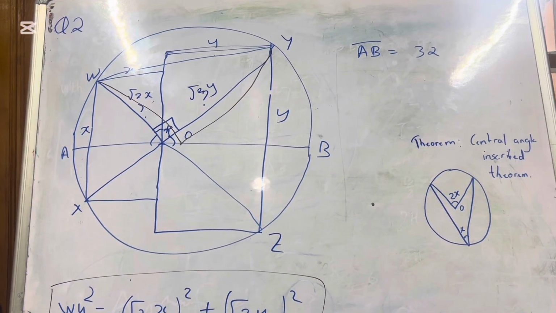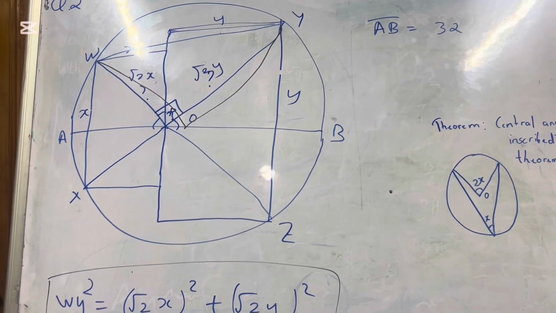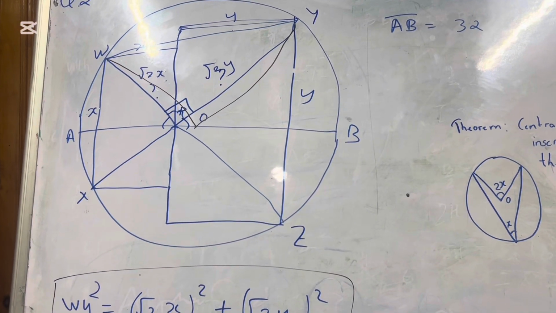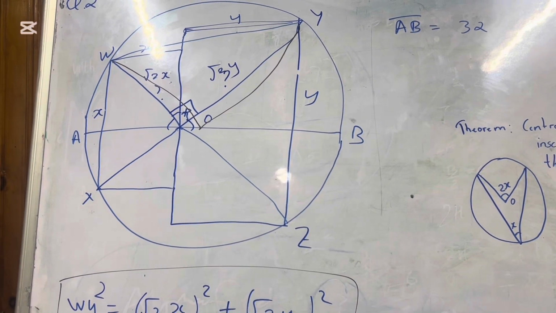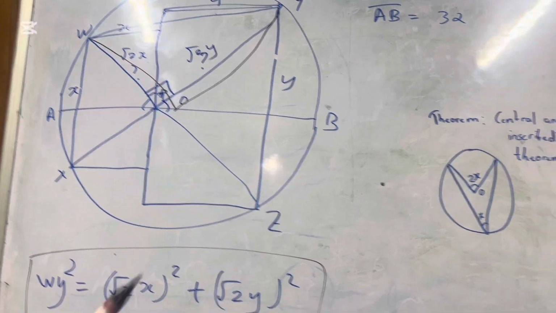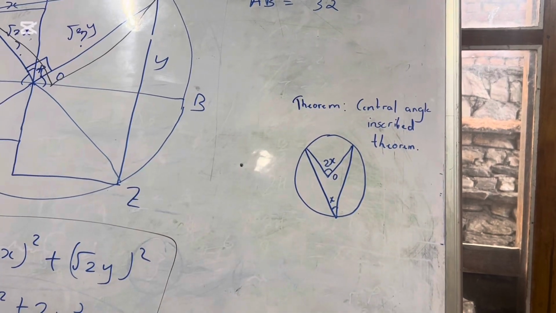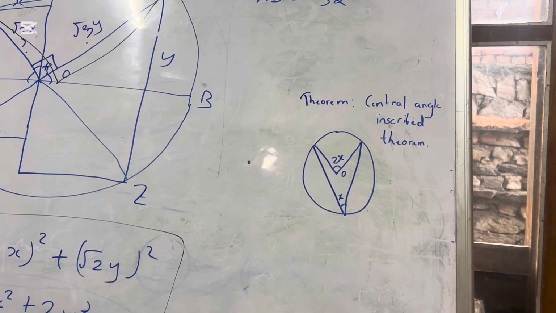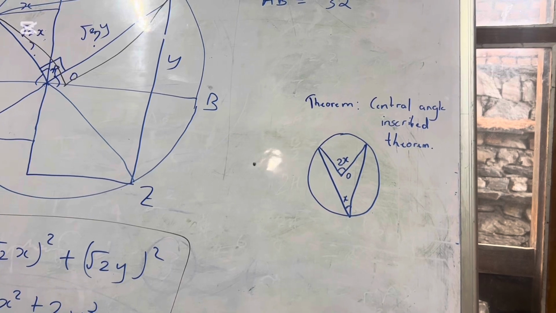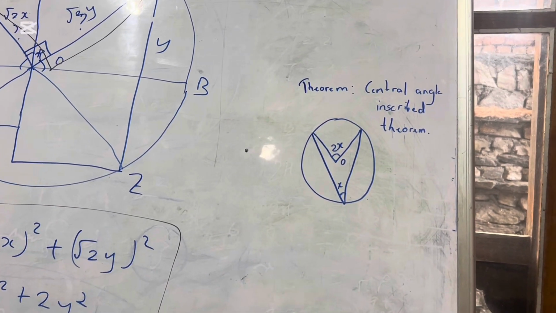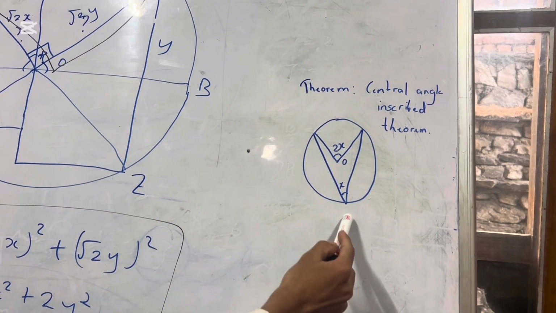Now we want to apply the Pythagorean theorem here as well. But to apply the Pythagorean theorem, we need a 90 degree angle. To do that, we can apply a theorem called the central angle inscribed angle theorem. What this theorem states is that the angle subtended at the center of the circle is double the angle subtended at a point on the circle.